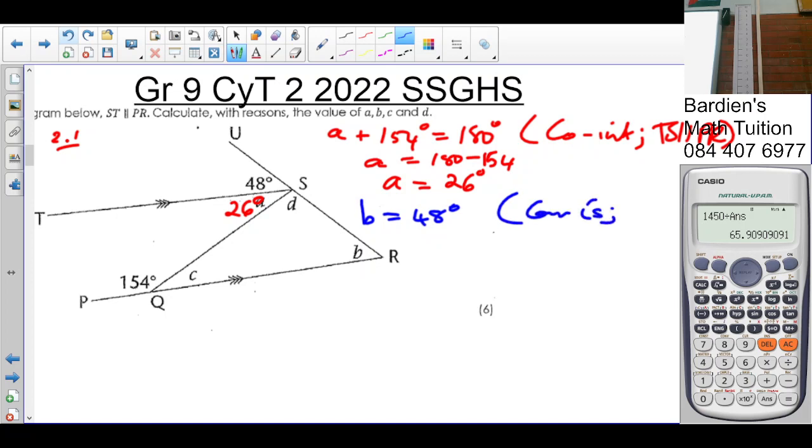C: can you see they are alternate angles? So C is equal to 26 degrees. Alternate angles, with TS being parallel to PR.